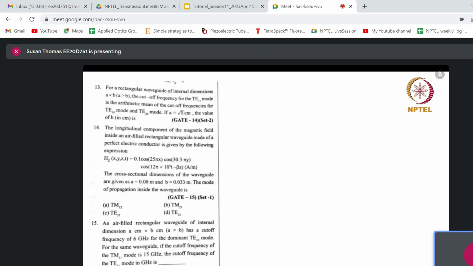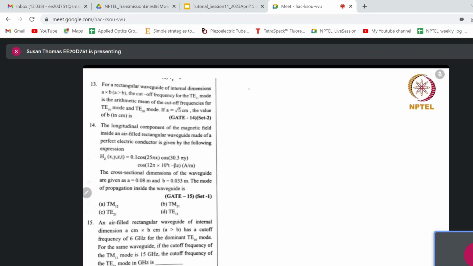Moving on to the next question. Air-filled rectangular waveguide of internal dimension A into B has a cutoff frequency of 6 GHz for the dominant TE10 mode. So first data from the question is, in case of TE10 mode, which is the dominant mode, cutoff frequency is 6 GHz.